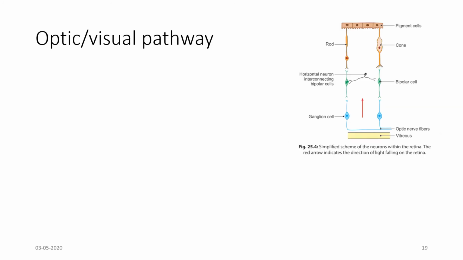Then coming to the optic pathway or visual pathway. So for understanding this optic pathway, we have learned the anatomical structures and especially the layers of retina. So the rods and cones of the retina, from where the visual information starts, and it traverses through the bipolar cells of retina.